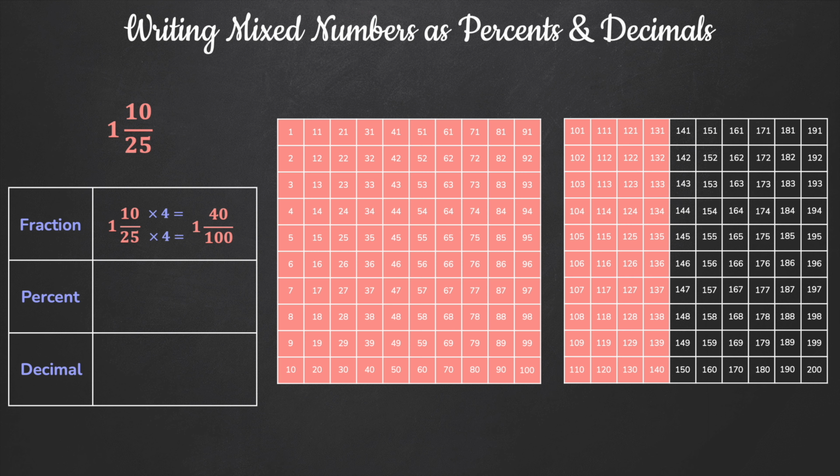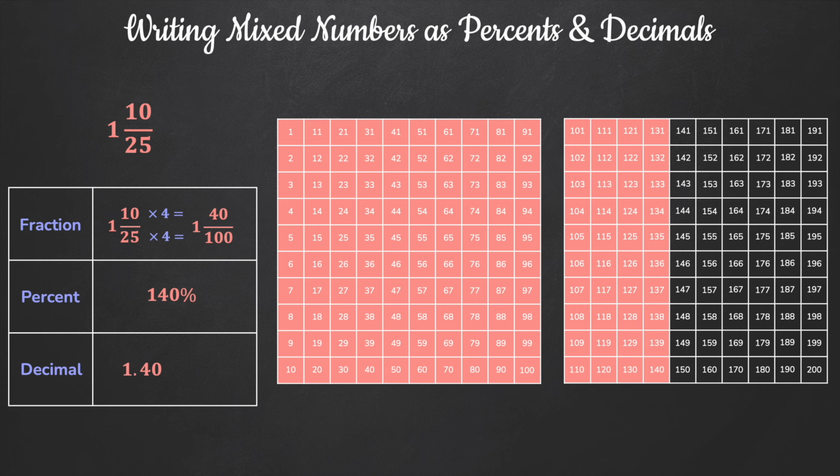So that means we're going to shade in one entire grid and then 40 out of 100 for our second grid. And as a percent, this would be 140% because one entire grid is 100 and then we have 40 squares shaded in for our second grid. So we have 140%.